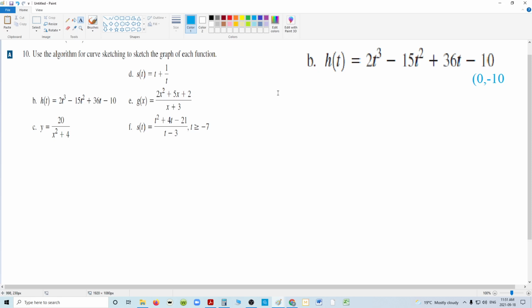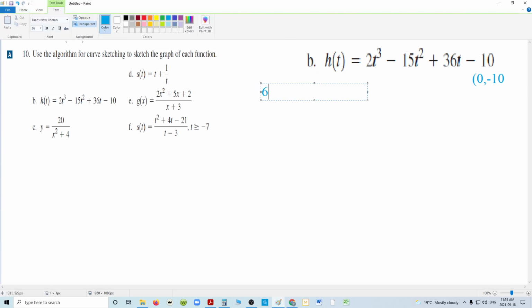Let's take the derivative. 6t squared minus 30t plus 36.